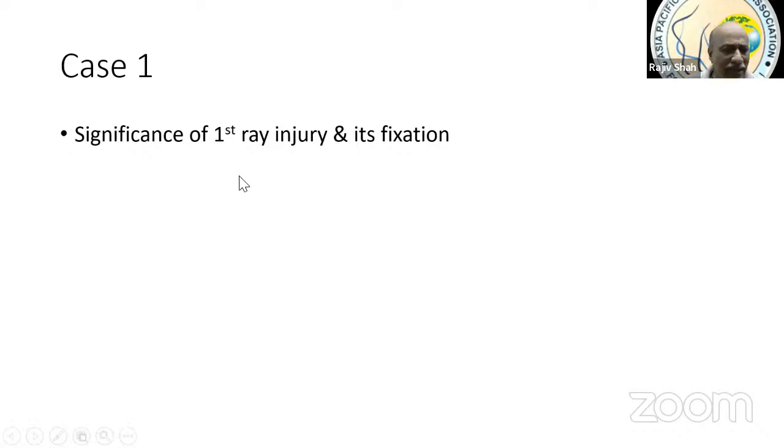Somebody sent me a short case story and a video of just that portion of the CT scan and asked my opinion whether I should fix it or give a plaster. And then you all were perfectly apt on that. Your answer was that we should fix it, and the majority of you said we should fix it with a spanning plate.